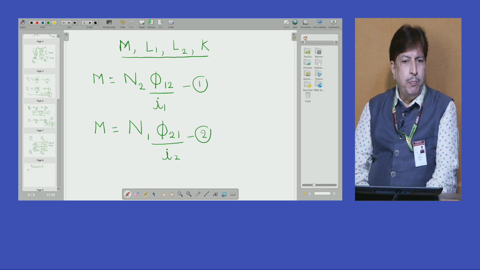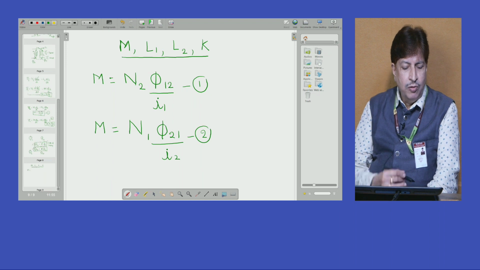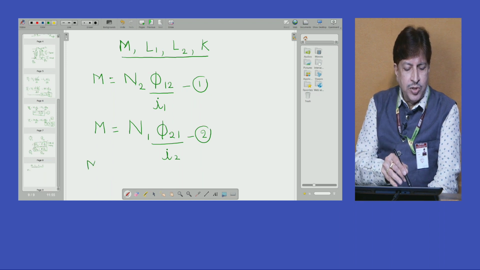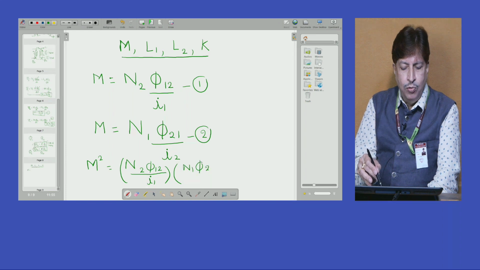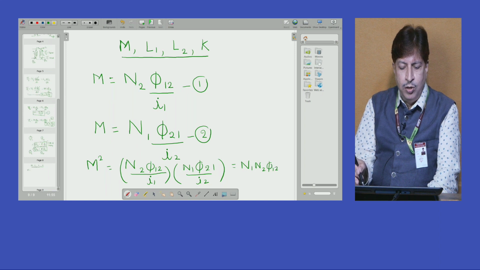Suppose I multiply these two, we get M square is equal to N2 phi 12 by I1 into N1 phi 21 by I2, which is N1 N2 phi 12 phi 21 by I1 I2.